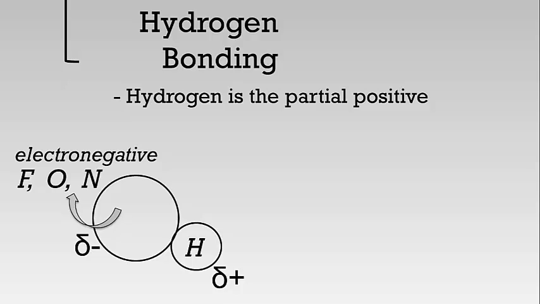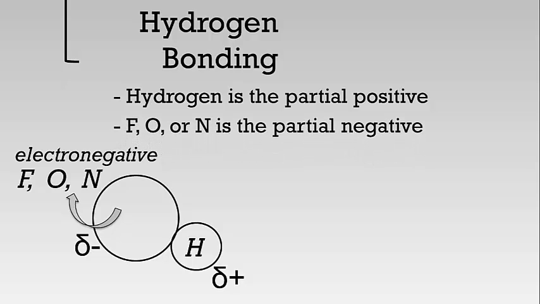When hydrogen is covalently bound to fluorine, oxygen, or nitrogen, the hydrogen becomes so partial positive and the fluorine or oxygen or nitrogen becomes so partial negative that we get a very strong amount of attraction.